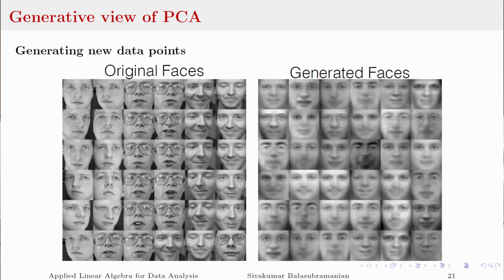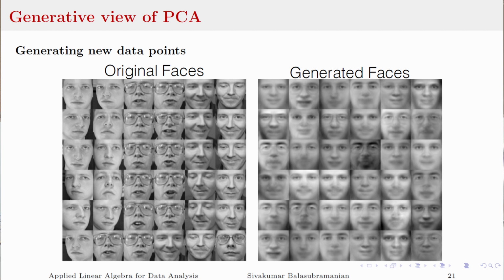My current pixel would have no relationship to my neighboring pixel, but that's not what you see in a picture like this. My current pixel is very much determined by who my neighbors are. So that's one clue saying the individual pixels are not completely independent of each other. That means there is a lower dimensional structure here, because pixel i, j depends on i minus 1, i plus 1, and so on.